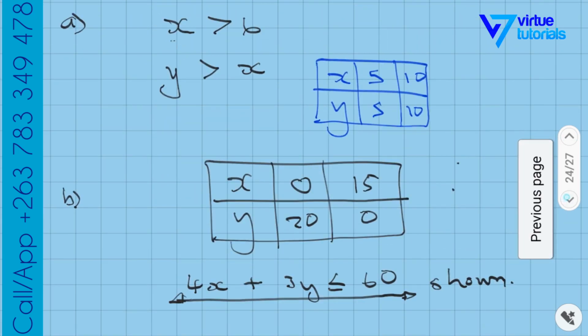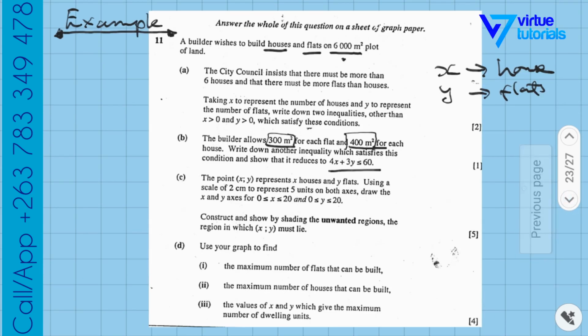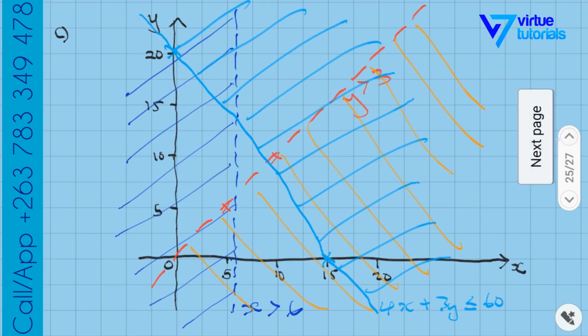So we're done with that part C. We've drawn our inequalities. So we've done this, we've done that, and we've done that, right? Now, it's saying use your graph to find the maximum number of flats that can be built. We know flats are y, so we're simply looking for the largest y value that we can find in that region.